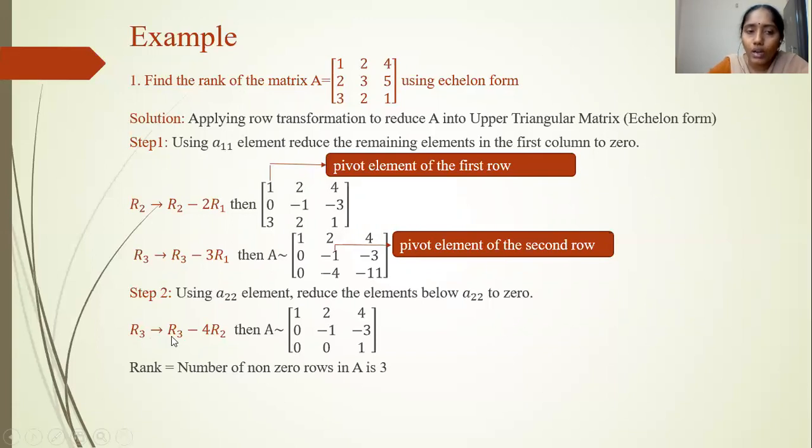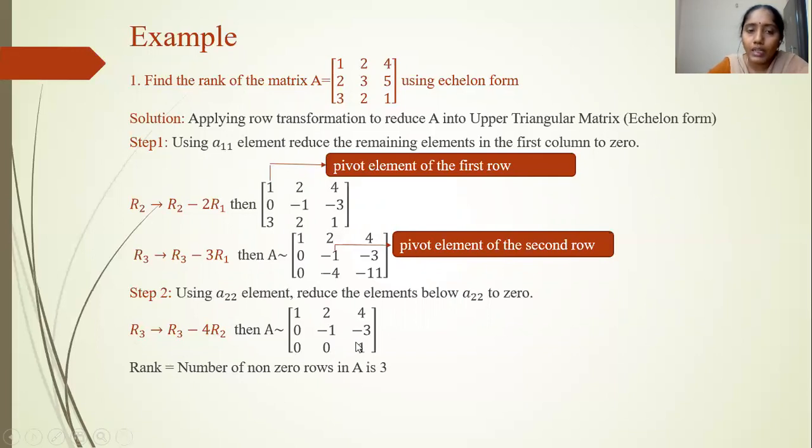R3 goes to R3 minus 4R2. Just recheck once again: substituting minus 4 in place of R3 and minus 1 in place of R2, minus 4 minus 4 times minus 1, that is minus 4 plus 4, becomes 0.